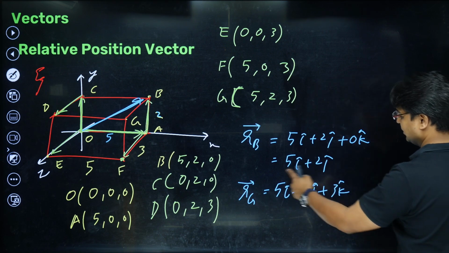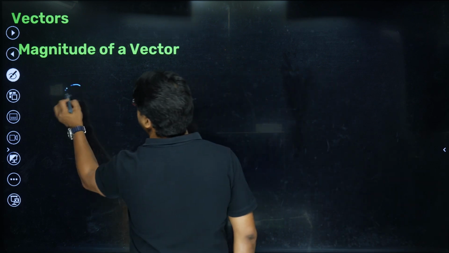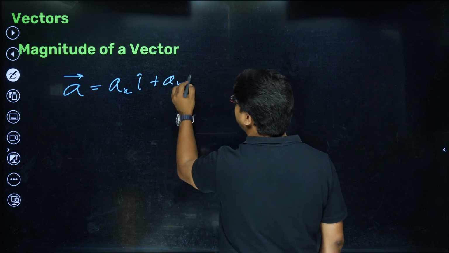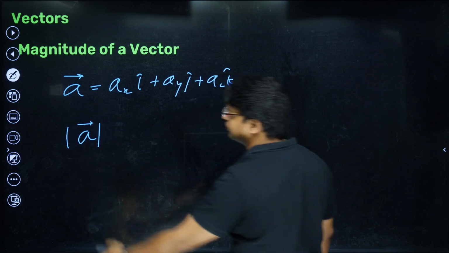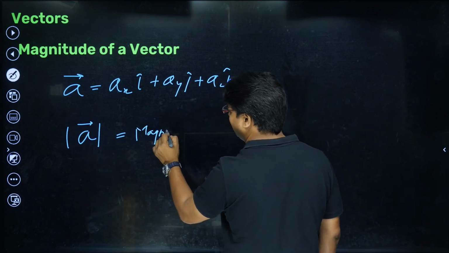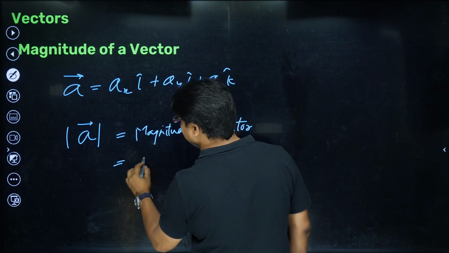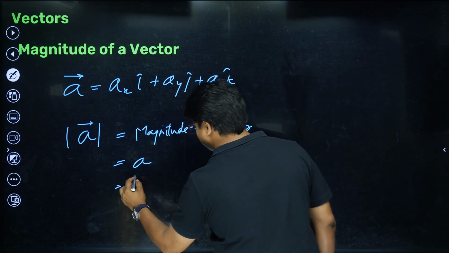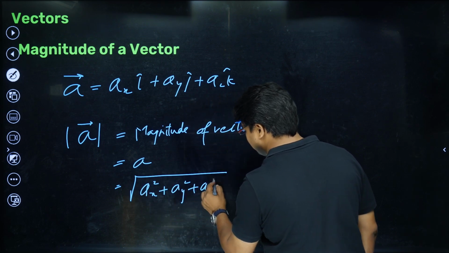If you notice here, 5 square plus 2 square, we can actually make a general rule: if there is a vector represented by something into i cap plus something into j cap plus something into k cap, then the magnitude of that vector, denoted by this notation, which is also denoted by only the alphabet without putting the arrow overhead, is the root of the square of the x component plus the square of the y component plus the square of the z component.